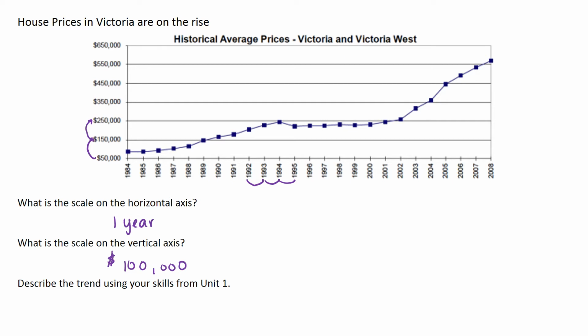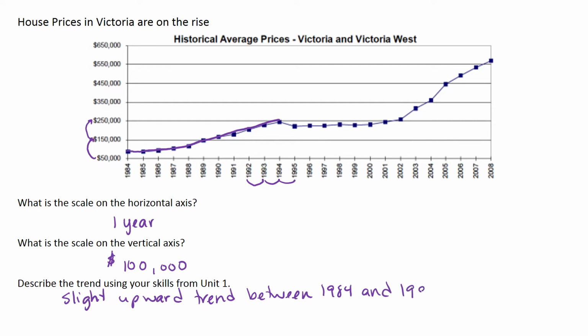Now if you wanted to use your skills from Unit 1 to describe this graph, notice that there is a slight or slow increase in the value of a house between 1984 and 1994. So there is a slight upward trend between 1984 and 1994.